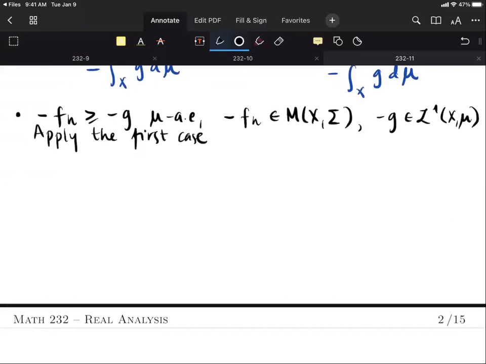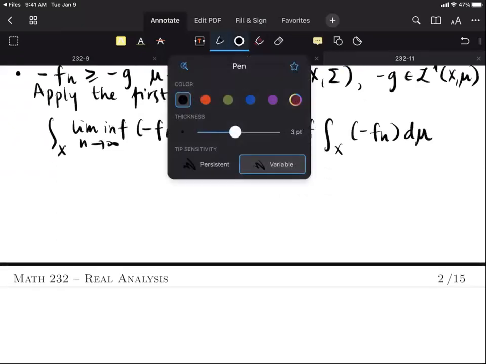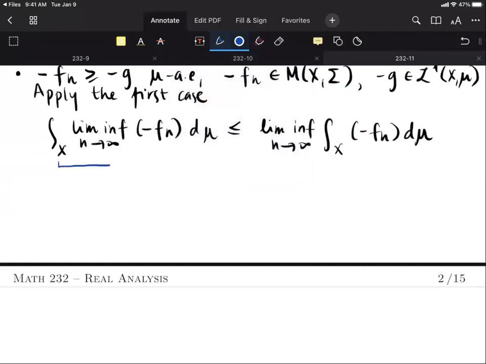The integral of the limit inferior of negative f sub n is less than or equal to the limit inferior of the integral of negative f n d mu. Pulling out the negative will give you the limit superior.